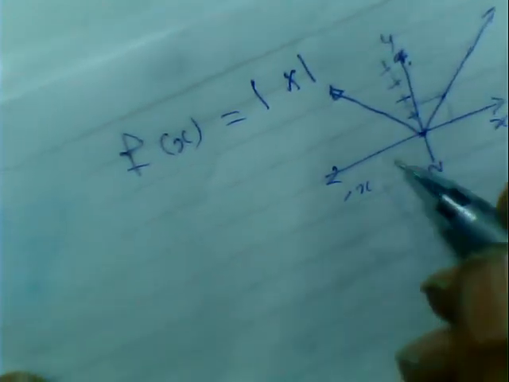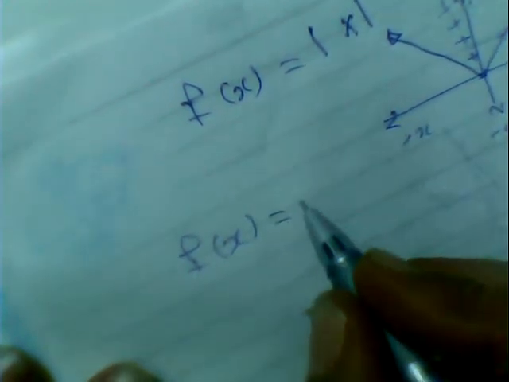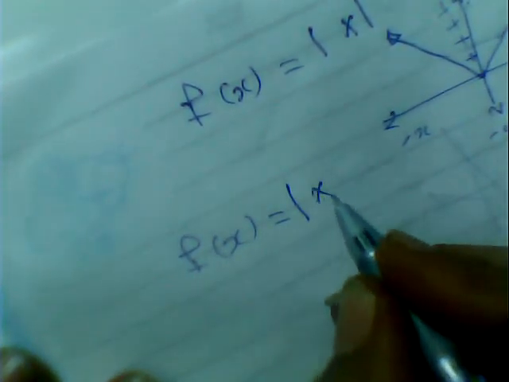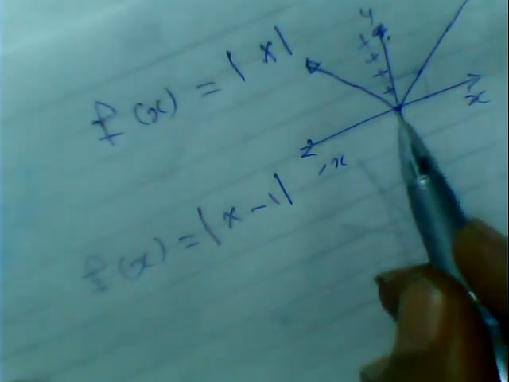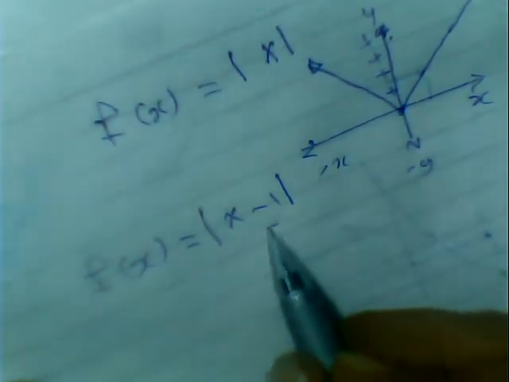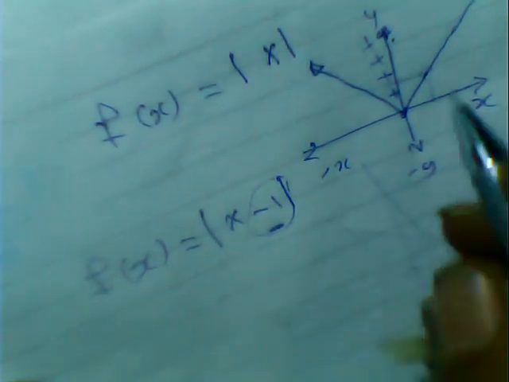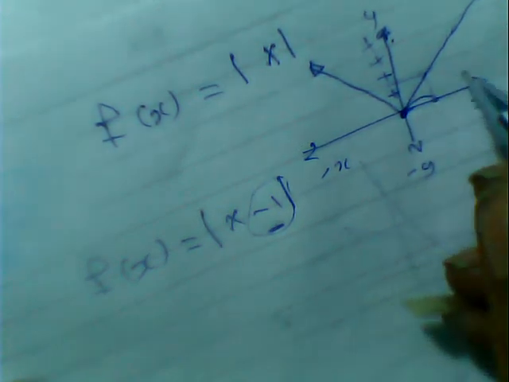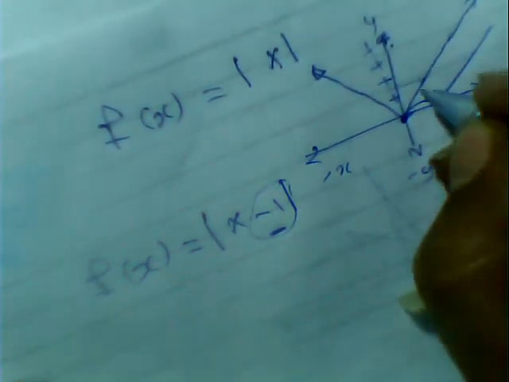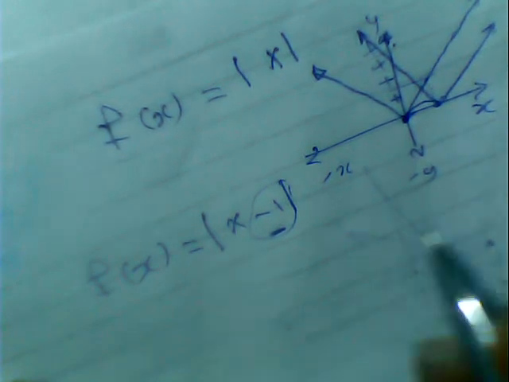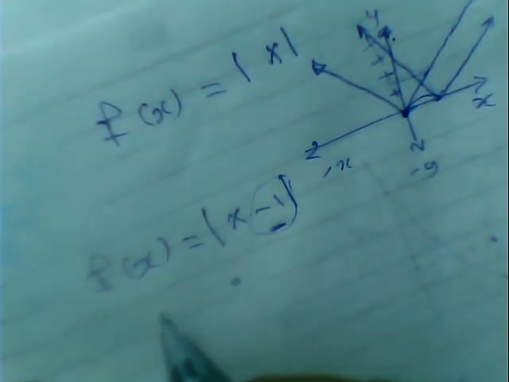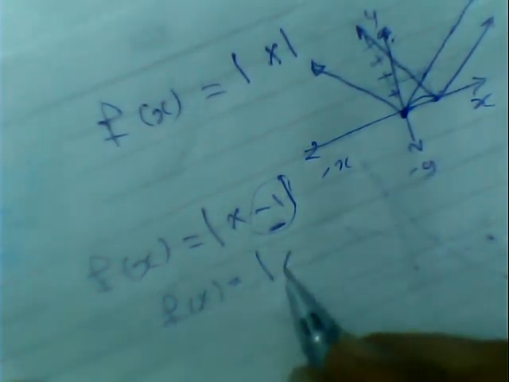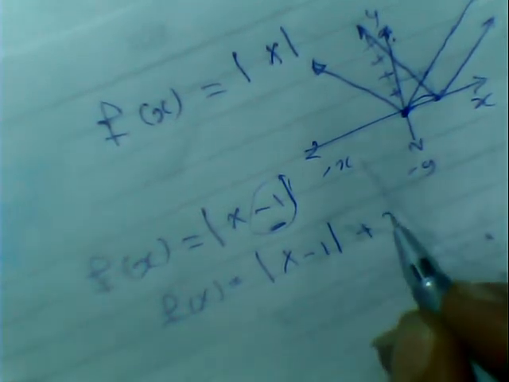because the modulus is positive. Then how do we draw f of x equals absolute x minus 1? You move this one step to the right, then its vertex comes one step here, then you draw like this. But how do we draw f of x equals modulus x minus 1 plus 2?